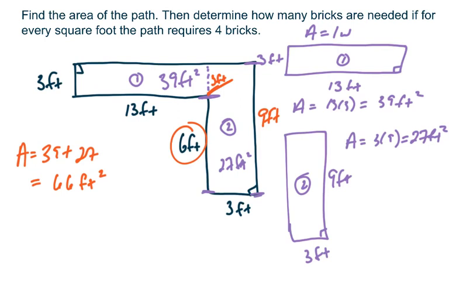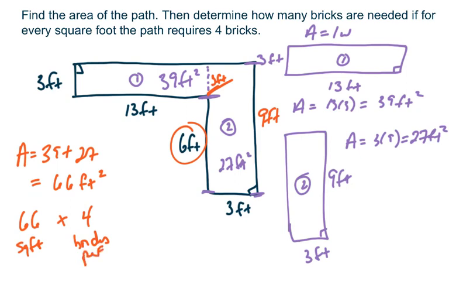But now determine how many bricks are needed, for every square foot the path requires 4 bricks. So I know that there are 66 square feet times, for every one of those 66, I'm going to have 4 bricks.